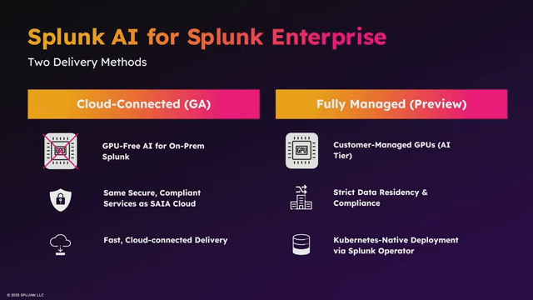Today, what we have that's generally available is the SIA app that's configured through a cloud-connected configuration, and this is where the on-prem Splunk deployment interacts with the Splunk AI service in the cloud. This is specifically for customers who want quick and easy access to these AI capabilities without having to worry about deploying, procuring, and managing the GPUs on-prem, which can sometimes be cost prohibitive.